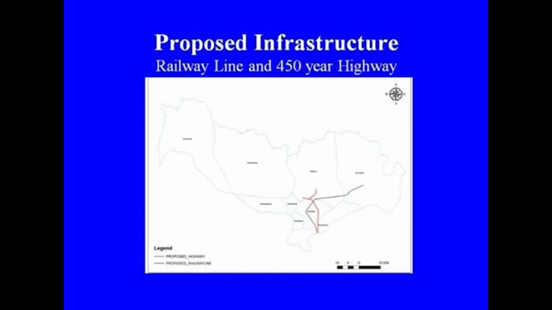The black line shows the proposed new railway line which the government has approved as a part of its 450-year celebration of its existence. Similarly, it has also passed and approved a new highway which is known as the 450-year highway, and this provides connectivity between Lao DPR and the country of Thailand.